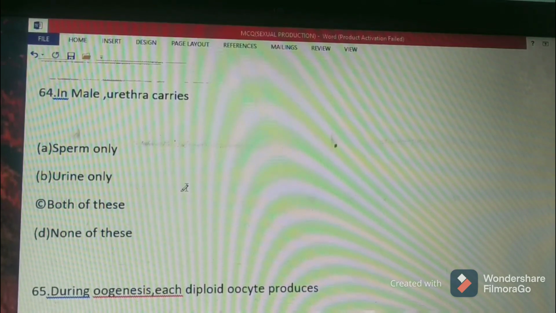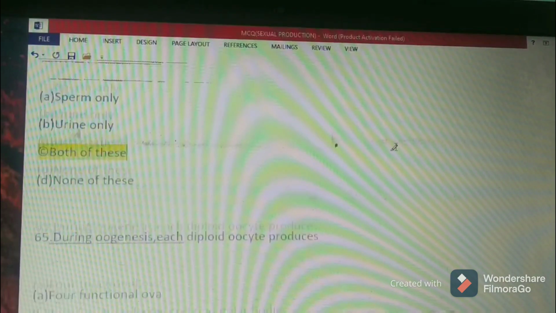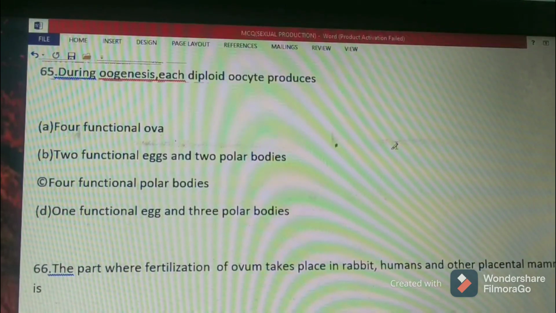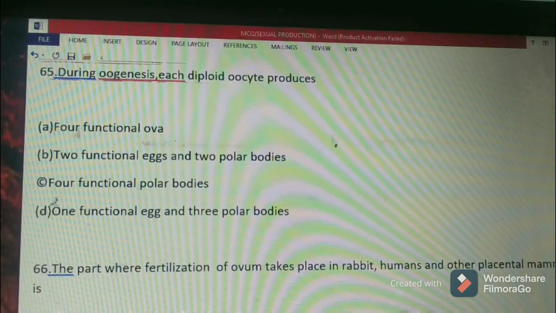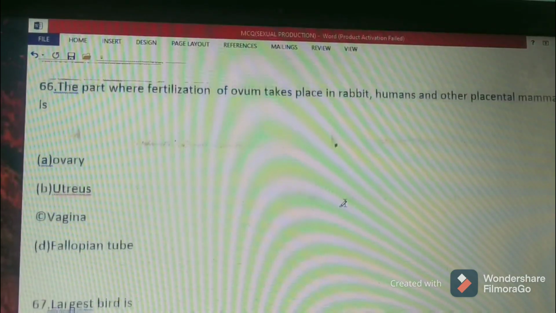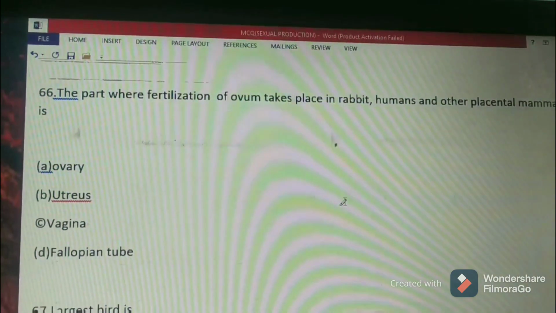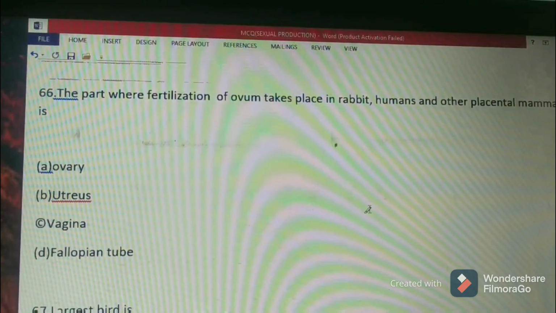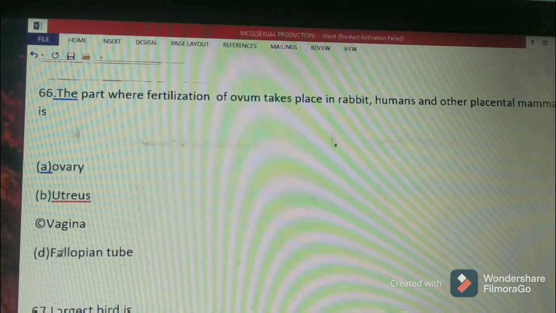In male, urethra carries both sperm and urine. During oogenesis, each diploid oocyte produces one functional egg and three polar bodies. The part where fertilization of ovum takes place in rabbit, humans and other placental mammals is the Fallopian tube.